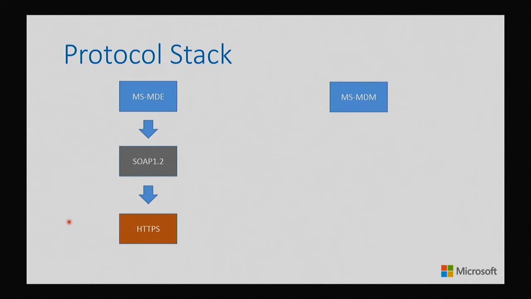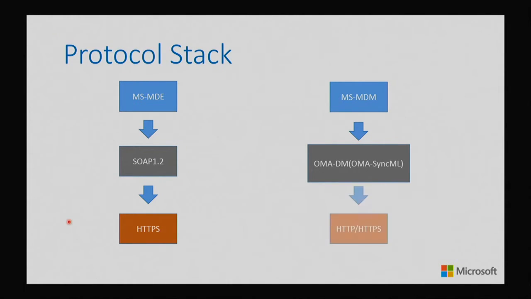The MS-MDM protocol is based on the OMA-DM public protocol and uses SyncML as the actual HTTP body to transport the management request and response. And it can use HTTP or HTTPS. These 2 protocols are the protocols on the wire.